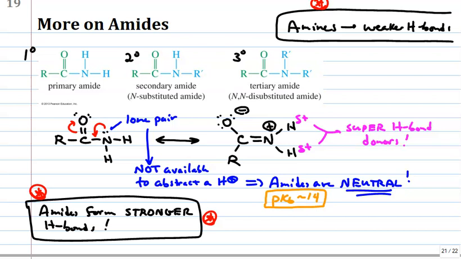Super H-bond donors. And this resonance structure tells you the oxygen is going to be a little bit more partial negatively charged. Okay? When you draw an amide the way you normally do, you don't draw it as this resonance structure on the right, you draw it on the left. But I'm using the resonance structure on the right to make a point. The 2 hydrogens on the nitrogen have extra partial positive charge. That makes them a super hydrogen bond donor. They form stronger hydrogen bonds.